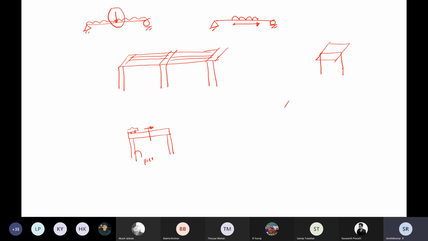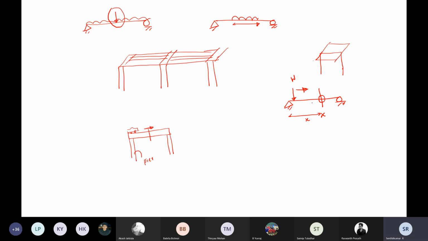For example, I have a simply supported beam with a point load W moving from left to right. I take a section X at a distance X. I want to find the shear force and bending moment at this section when the load is traveling from left to right.